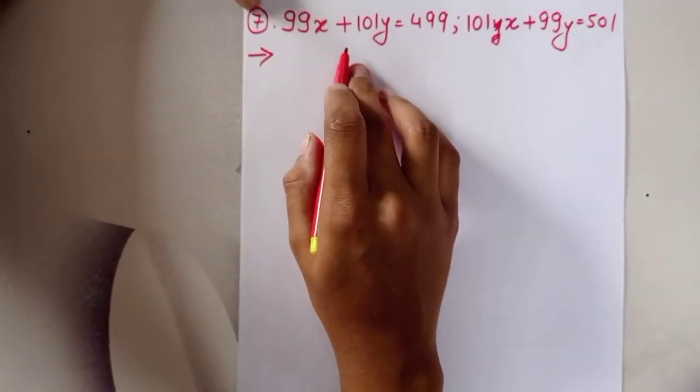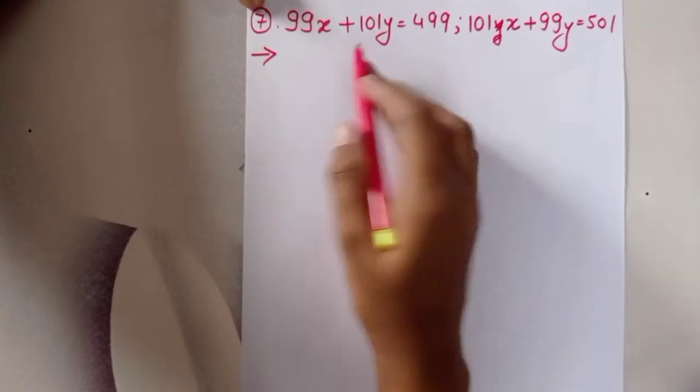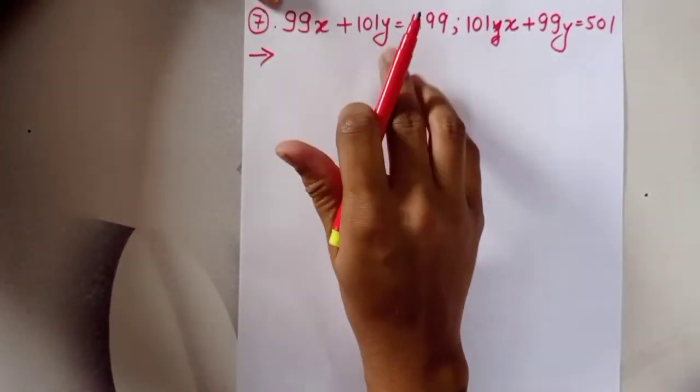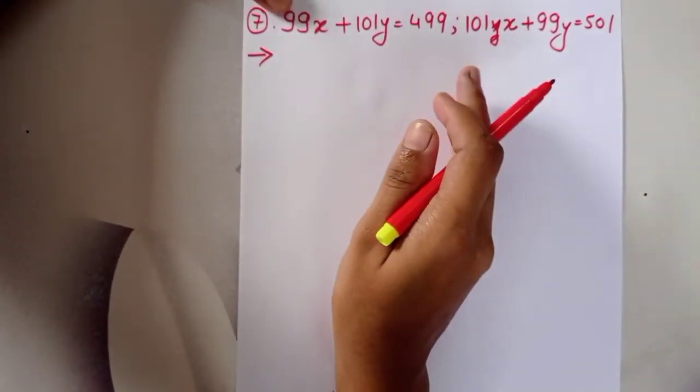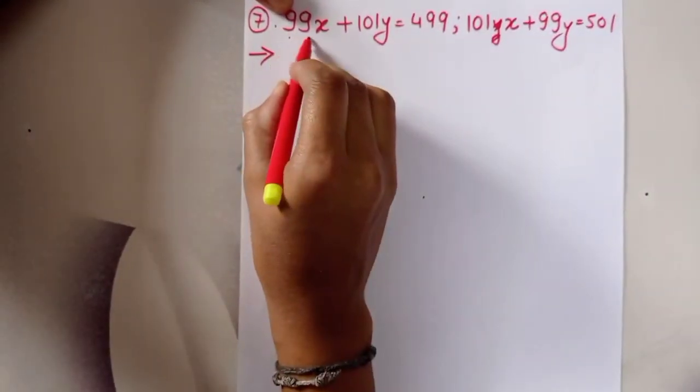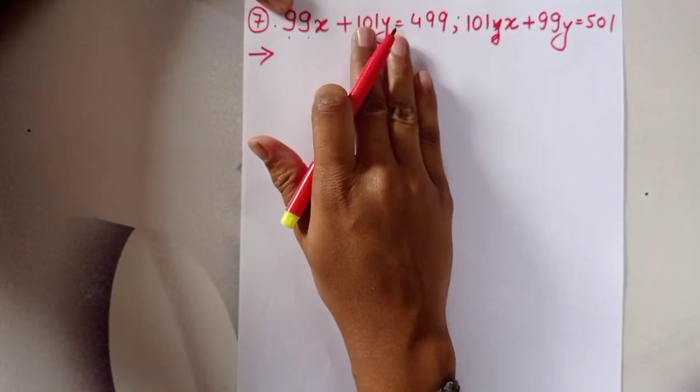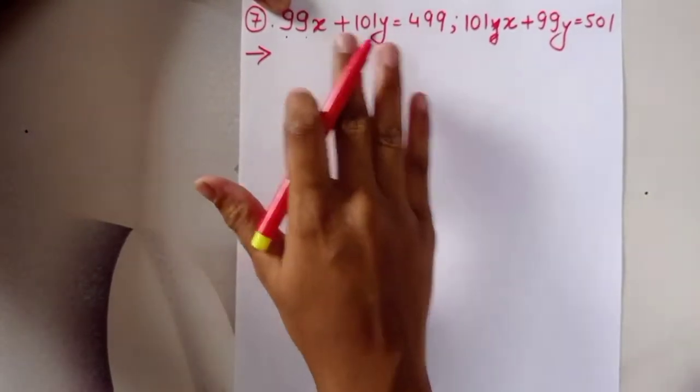Now we are going to take example number 7. Here, this is a problem we can solve with another method, because the constants are too big, though by eliminating we can solve this problem.